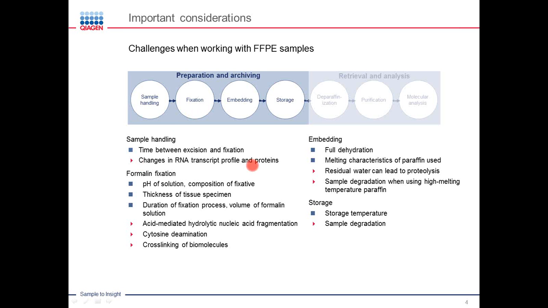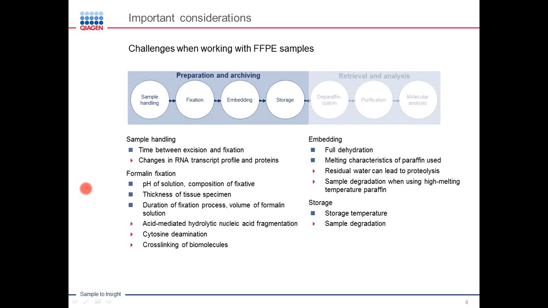But also three other factors are important and may influence your result, and this is the extent of tissue fixation, which is the thickness of the tissue specimen, the volume of the formalin solution, and the duration of the fixation process. Underfixation can lead to nucleic acid and protein degradation, or a change in gene expression in deeper regions of the tissue that you're processing, and these regions that have not eventually been penetrated by the formalin.